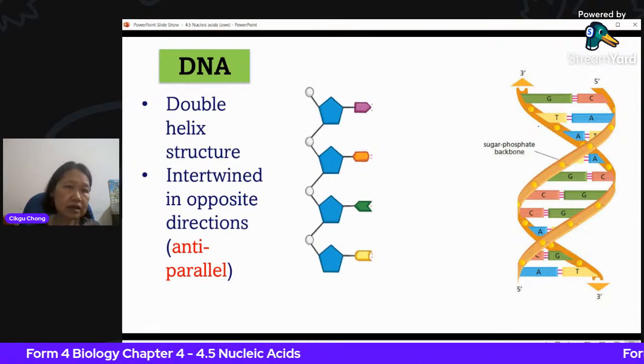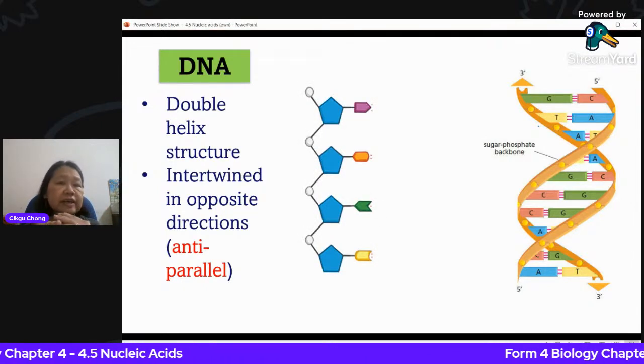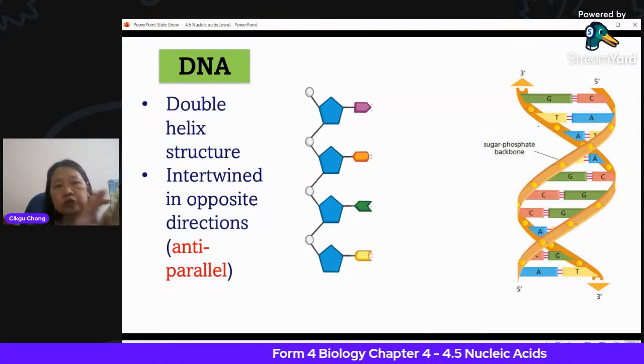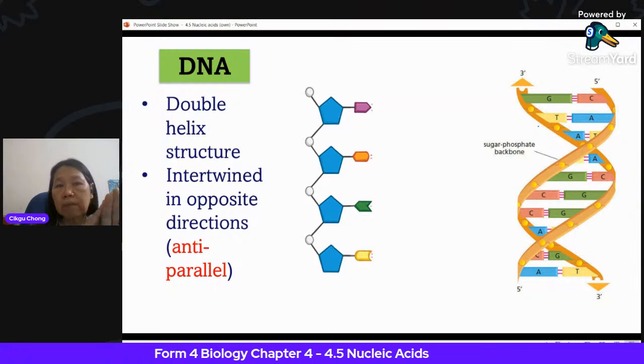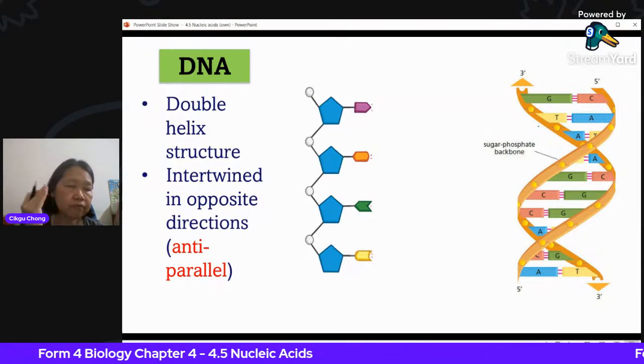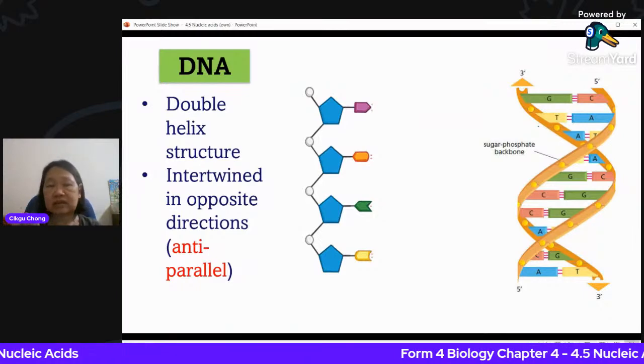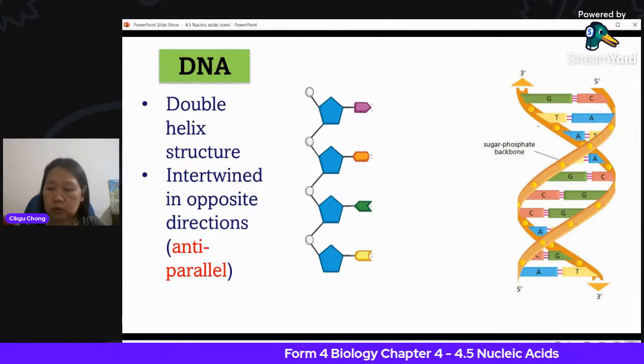For example, this is a possible question. If I give you this side, and the question asks you to draw the complementary polynucleotide chain for the other side, most students will do this.